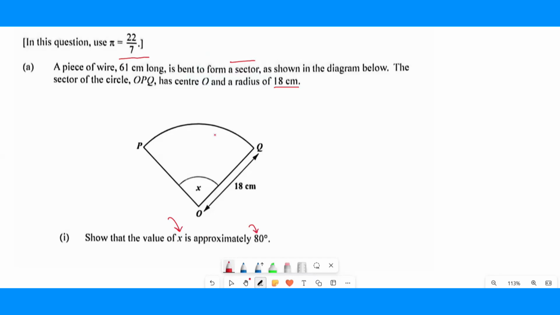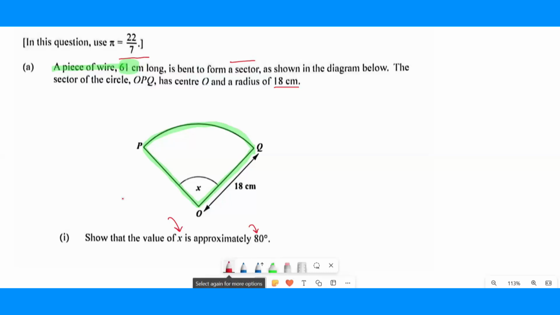Okay, so what we're going to do is we're going to take the length of the piece of wire and relate it to this, right? So it was bent to form the sector, which means that this perimeter here in green is equal to 61. So we're seeing where the perimeter is equal to 61.